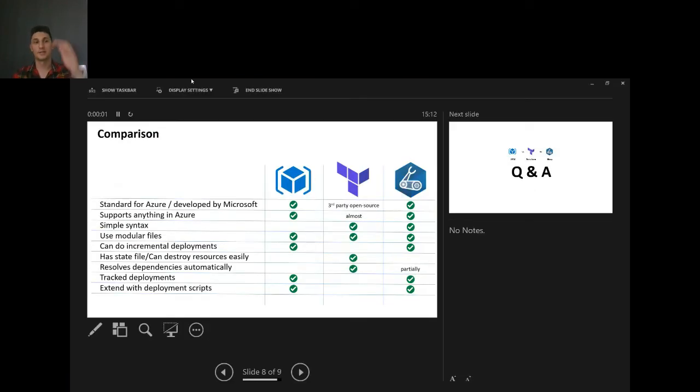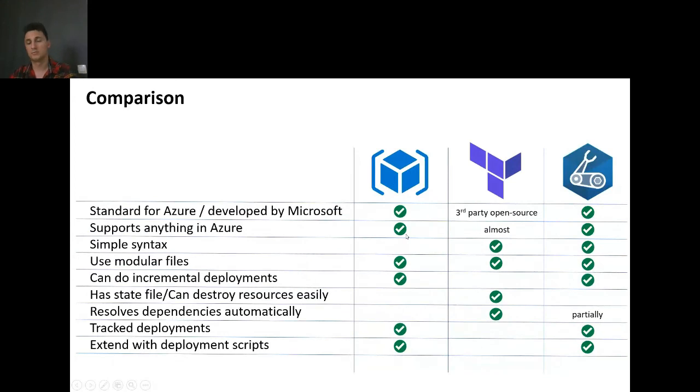Basically, the comparison kind of looks like this. In terms of what's standard for Azure, ARM and Bicep are built by Microsoft, so of course it's standard. Terraform, it's a third-party tool by HashiCorp, right? Which can also go into a slightly unhappy direction, meaning that at some point Terraform does not support everything in Azure.